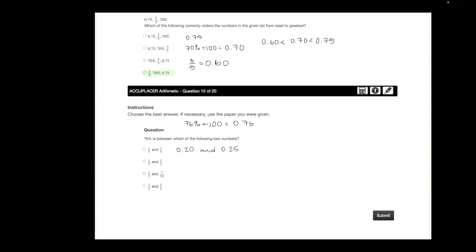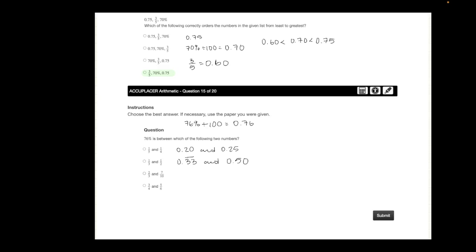So again, let's do 1 divided by 3. 1 divided by 3 is going to give us a repeating number of 0.333, and it's going to go on. And then we have 1/2, which is going to be 0.5, or 0.50, because it's half.